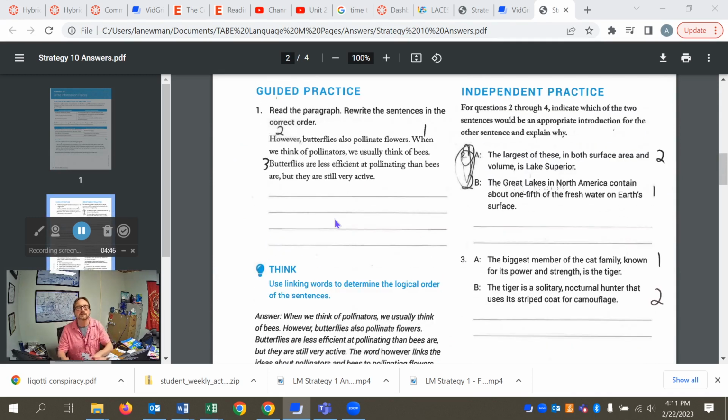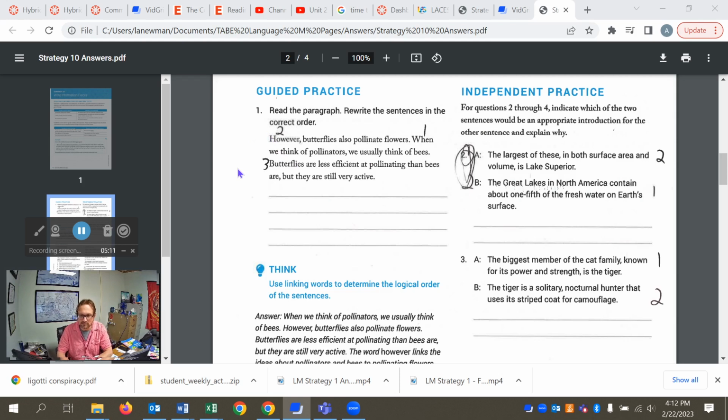Our guided practice 1 says to read the paragraph and rewrite the sentences in the correct order. I wasn't confident that there was enough room to do that, so I just numbered them. So let me read it off to you in the correct order. When we think of pollinators, we usually think of bees. However, see, however is responding to something already. It couldn't be first. Butterflies also pollinate flowers.